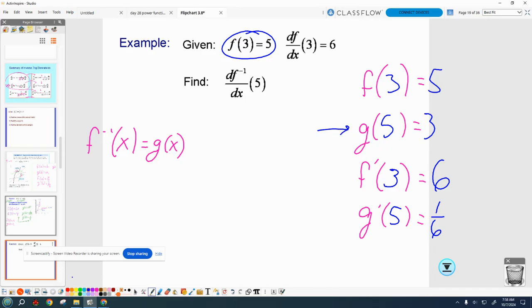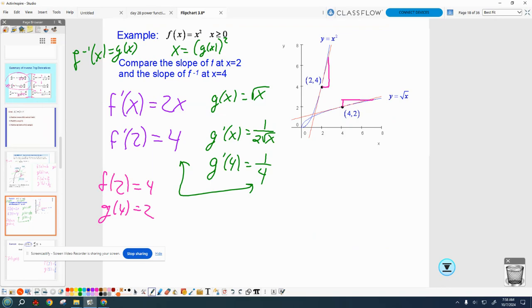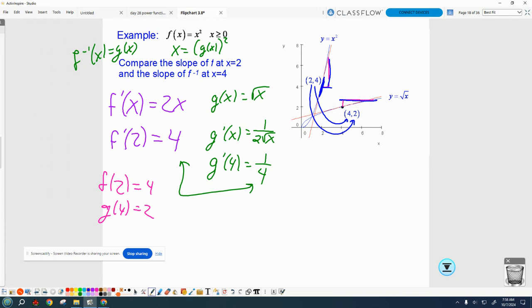Right. Given x squared, we did the derivative there. At the inverse's counterpart point, the x and the y trade, so this rise over run becomes this guy's rise over run. Just the reciprocal.